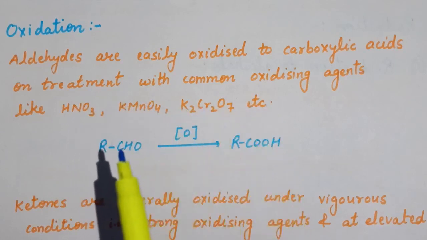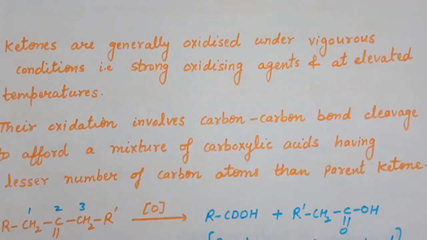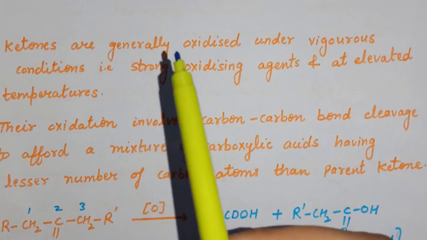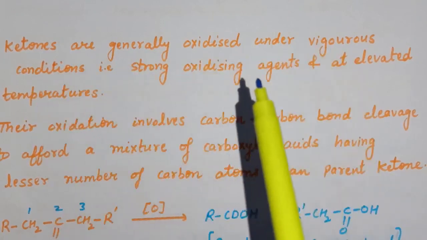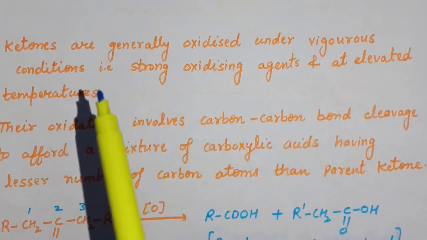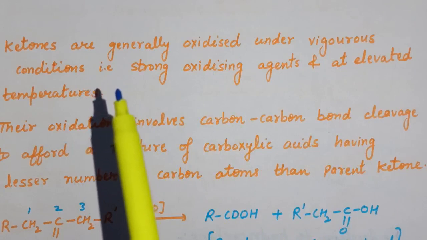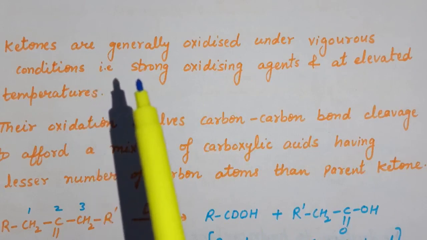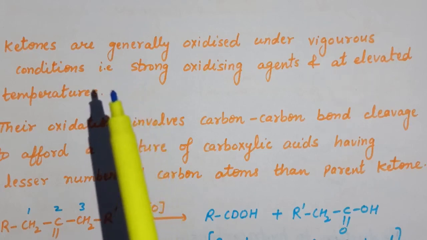So aldehydes are easily oxidized to carboxylic acids, whereas ketones are generally oxidized under vigorous conditions, that is strong oxidizing agents, and at elevated temperatures ketones get oxidized.